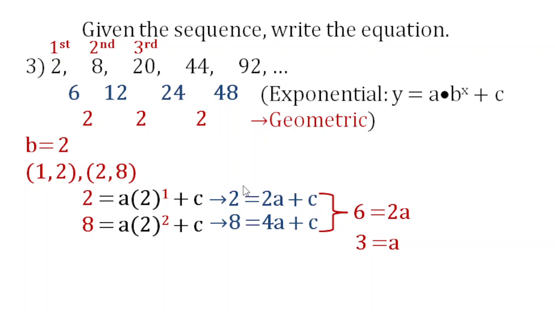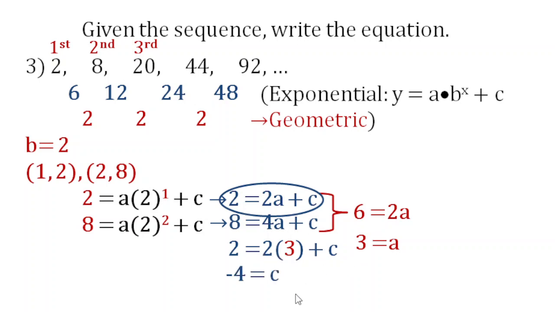Now using this equation 2 equals 2a plus c, we can find the value of c, since we already know that our a is 3. So 2 equals 2 times 3 plus c. Then 2 equals 6 plus c. This means our c is negative 4.